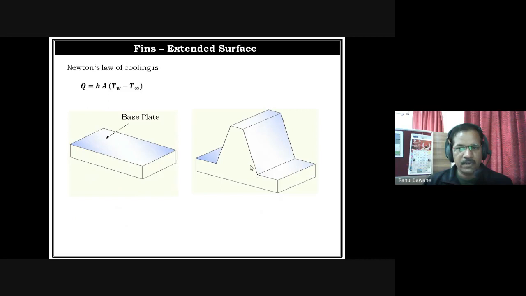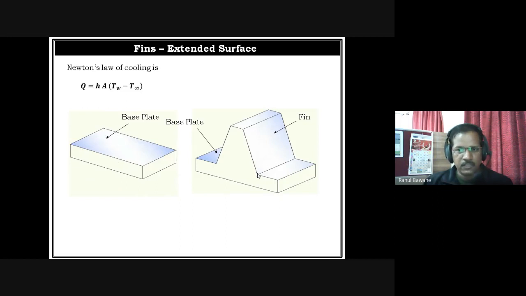So I provide one kind of extended surface. This extended surface is actually called a fin. So the base plate remains the same size; I am just adding the fins. Now what happened? Before fins, the total area available for heat transfer is this much, length into width.